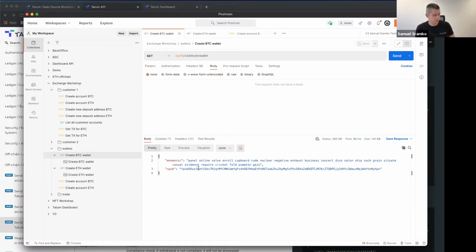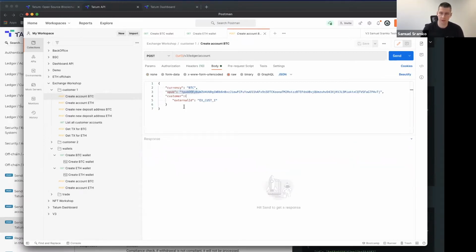And this XPUB is used to connect to the Ledger account inside Tatum. From this XPUB, there's a connection between the virtual envelope, the virtual account, and the specific blockchain we are running on. So for Bitcoin, we'll use the extended public key for Bitcoin.